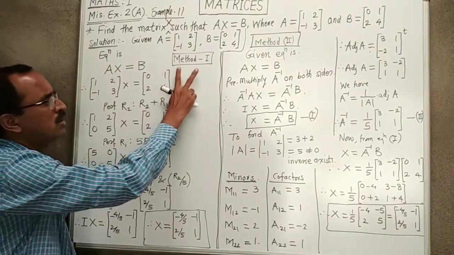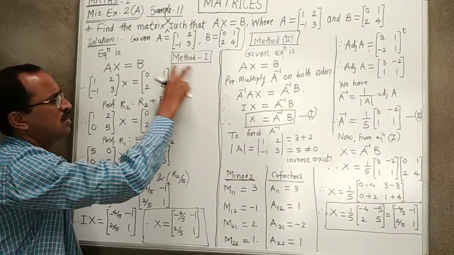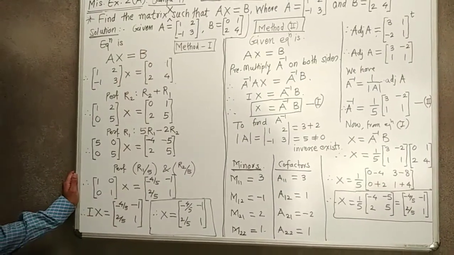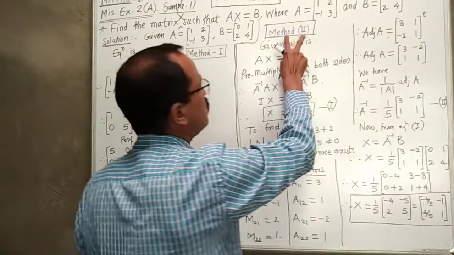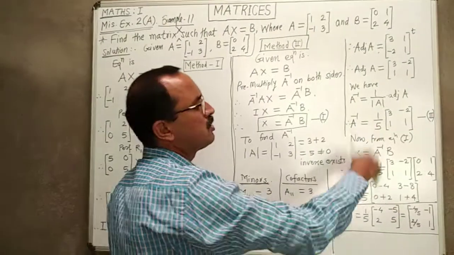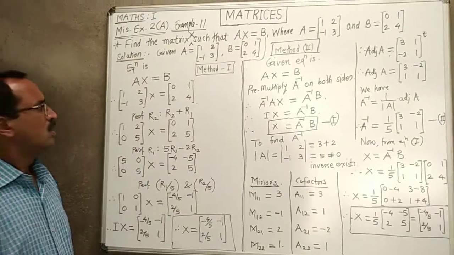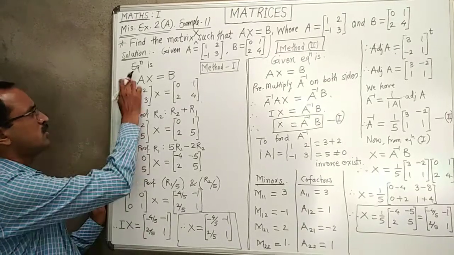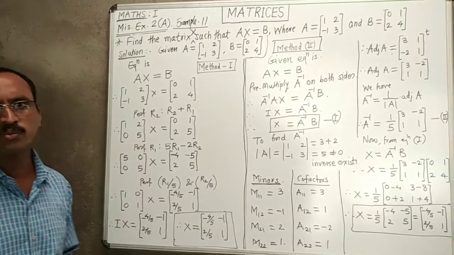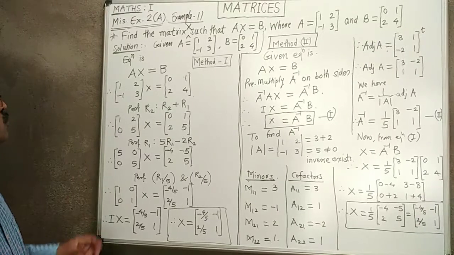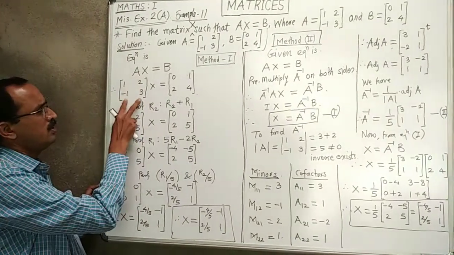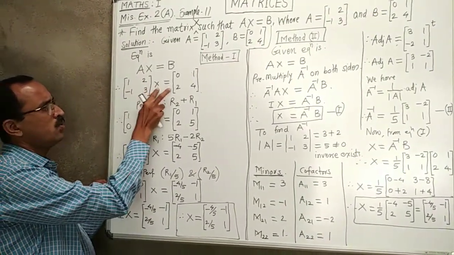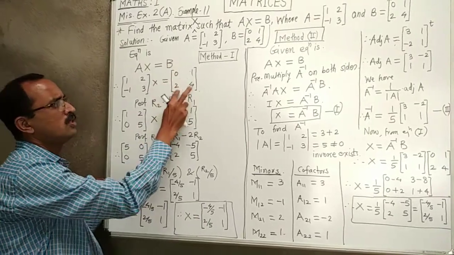Now I use here method 1. Generally we use this method, and then we use method 2. This is a lengthy method. In method 1, the equation is AX is equal to B. So I substitute the value of A here, 1 2 minus 1 3 into X is equal to B, means 0 1 2 4.